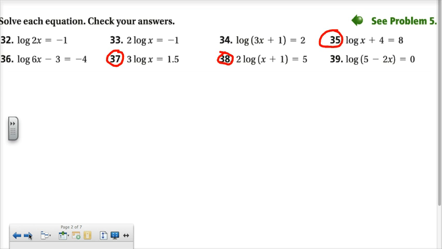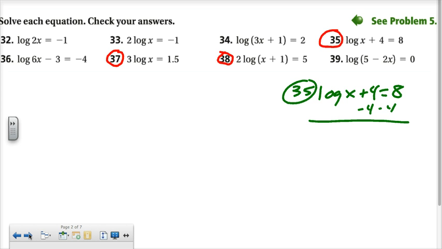Next one on my list here is 35, and for problem number 35, we have the logarithm of x plus 4 equals 8. Well, before you can snail shell, what you have to do is have that logarithm isolated. So we're going to go ahead and subtract 4 from both sides, and we'll have the logarithm of x equals 4. And now, like I said, snail shelling is a technique you use for what's called exponentiation.